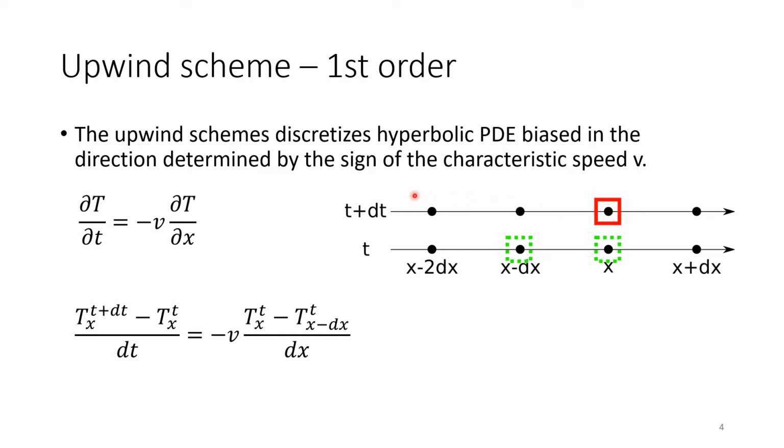So if we have a flow from left to right, you might consider, well, whatever I have as a temperature on this point x has nothing to do with the value here, because the flow is from left to right, there is no diffusion, nothing.